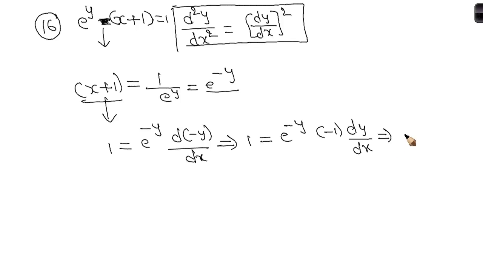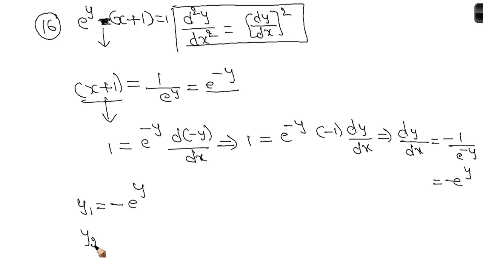So dy by dx is equal to minus 1 upon e power minus y, that is equal to minus e power y. So I got y1 as minus e power y.